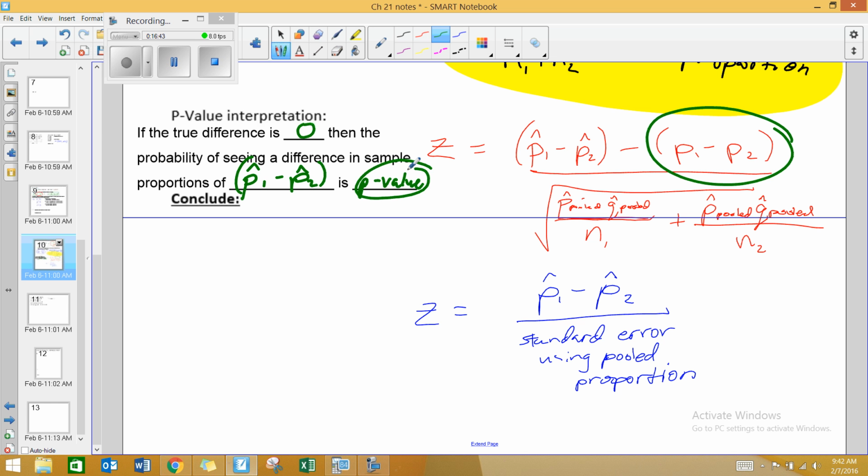That's how we interpret that. So if there really is no difference, the probability of me seeing a difference of this size is blank. That's your p-value.